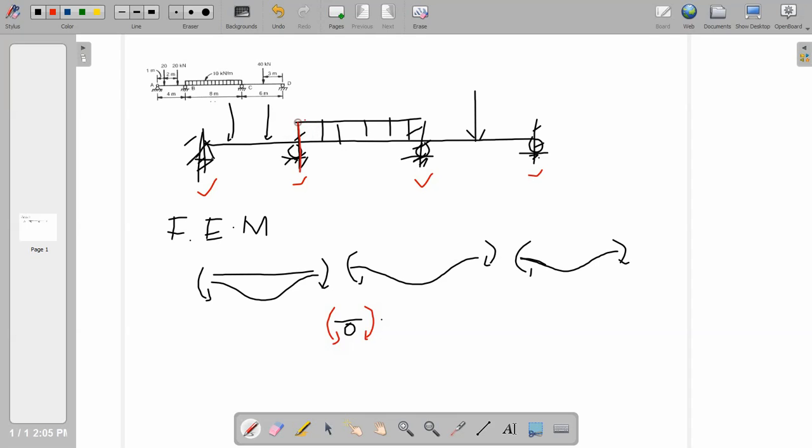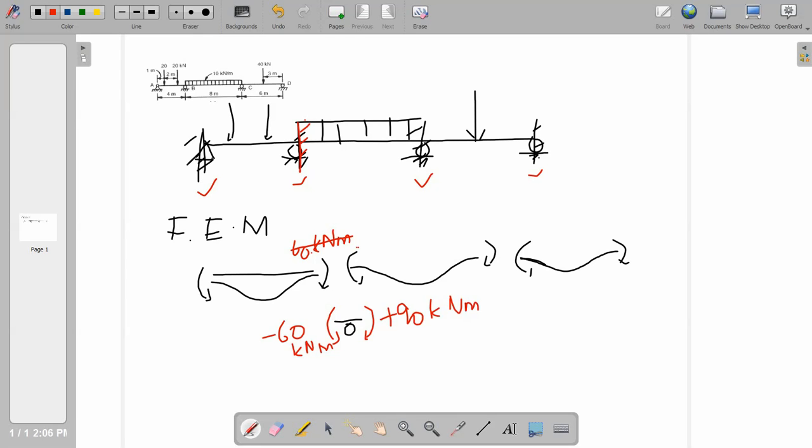Supposing I want to release this support, then I know what the difference between these two moments is. So let's say, at the support, this moment is negative 60. I will tell you the sign convention in a moment. And let's say this moment is positive 90. So now the difference in moments is negative 30 kilonewton meter.